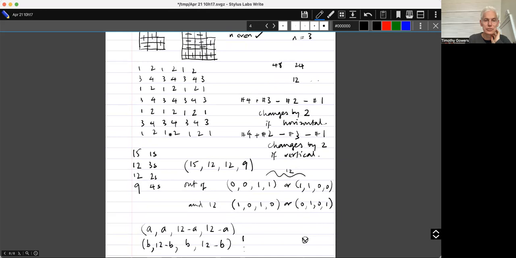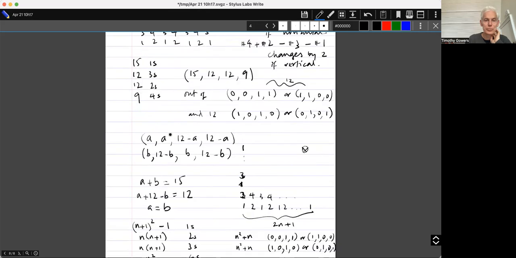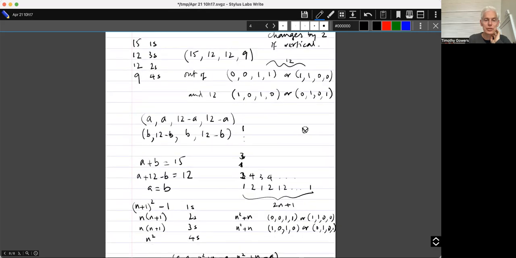And the difference between the number of ones and the number of twos is the difference between these two. And I rather suspect that a parity argument is going to make that work.